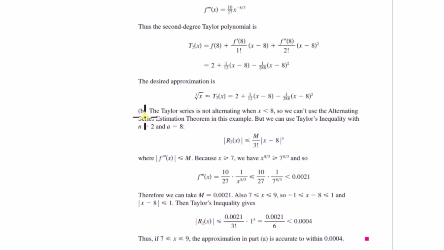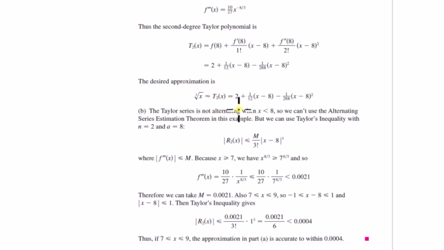When it comes to the R sub n estimation, we're bringing in the series as part of our thought process, because we're estimating how accurate the Taylor polynomial is relative to the infinite series, the Taylor series, because that's equal to the cube root of x. So we're trying to see how close this is to the Taylor series, which is the function.